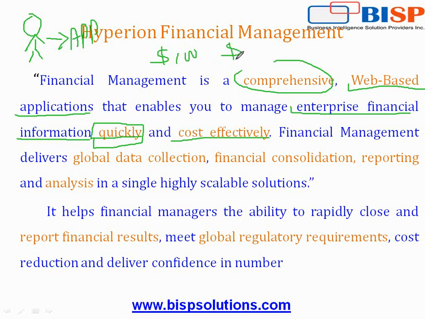Whereas you need to spend $100,000 to implement HFM. An average implementation cost minimum comes around $300,000 for an enterprise organization. For everything, the budget an organization has to keep ranges from $100,000 to $300,000.